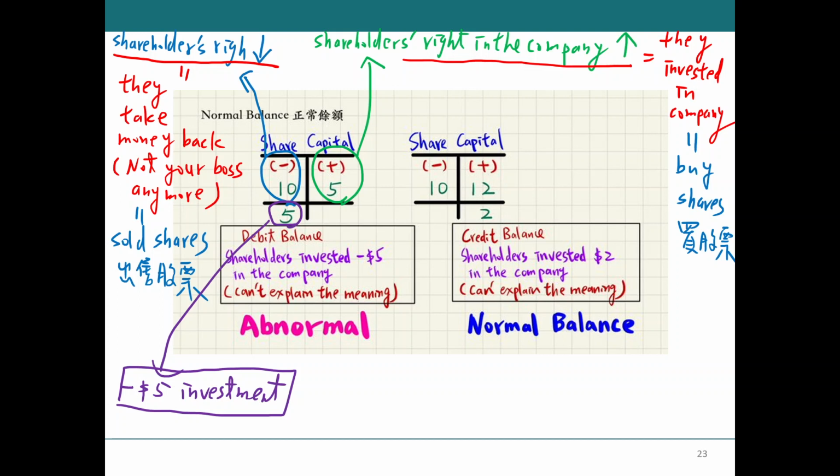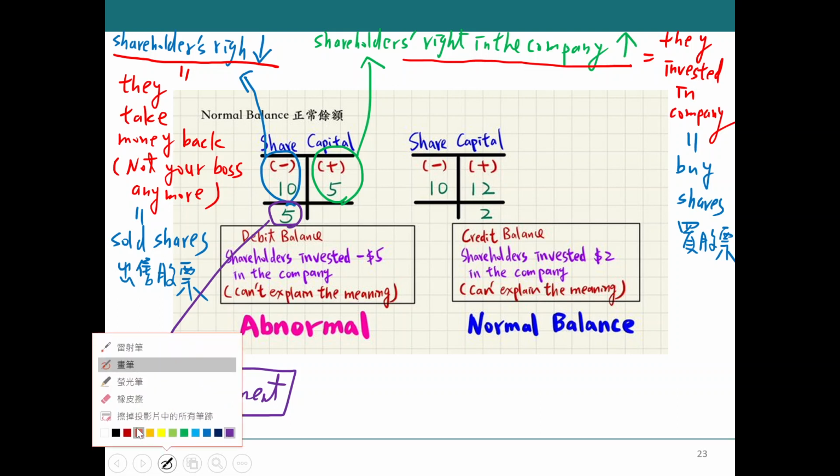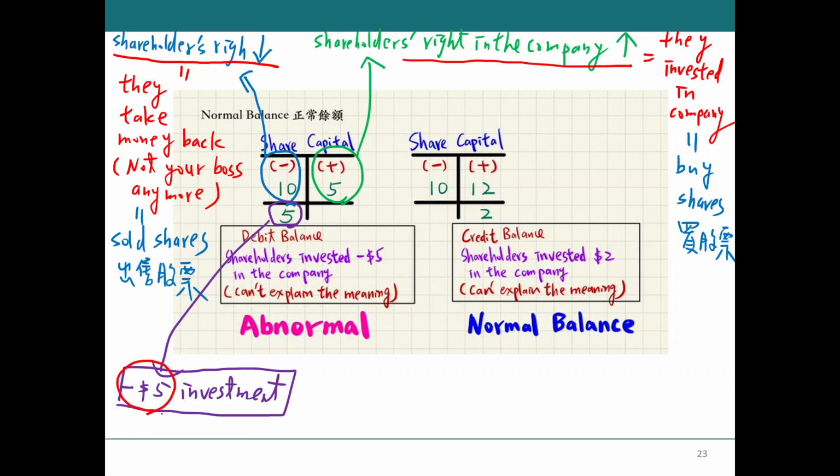So this one is abnormal. So what should you do? Double check it, recompute your number. You did something wrong, okay? We use this way to double check your numbers. So recompute your number.